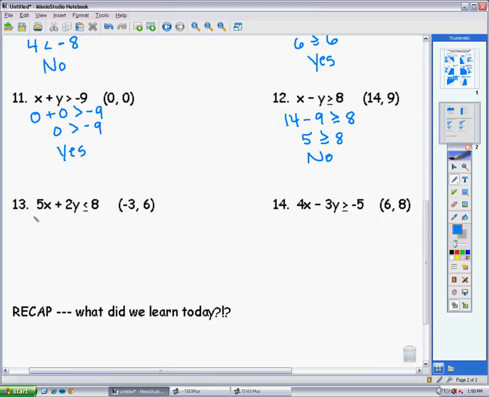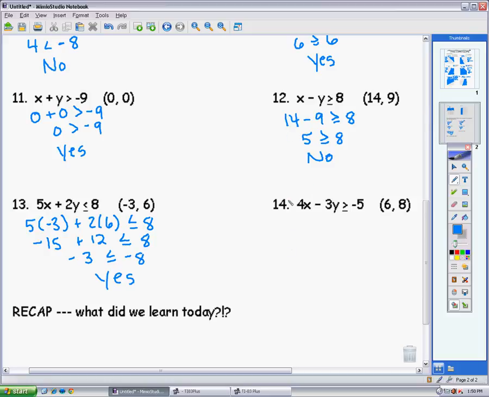13. I have 5 times negative 3 plus 2 times 6 is less than or equal to 8. That gives me negative 15 plus 12 is less than or equal to 8. Negative 3 is less than or equal to 8. Yes, it is. That's a true statement, so that means negative 3, 6 is a solution.